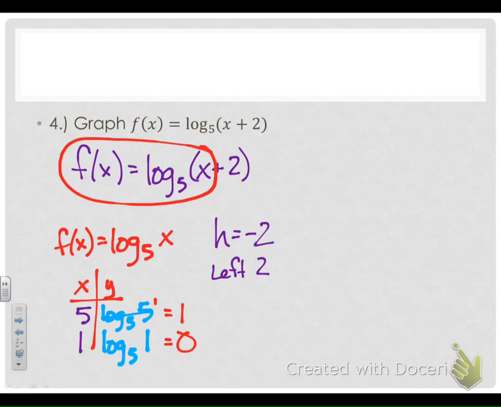The domain is also going to change, and the asymptote changes. If I were to sketch this graph, instead of having the point 5, 1, I'm going to translate it left 2. So now we're at 3, 1. And instead of 1, 0, it's also going to translate left 2, being at negative 1, 0.